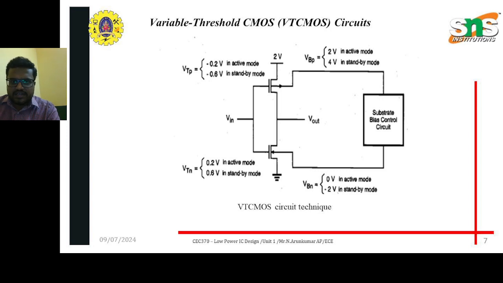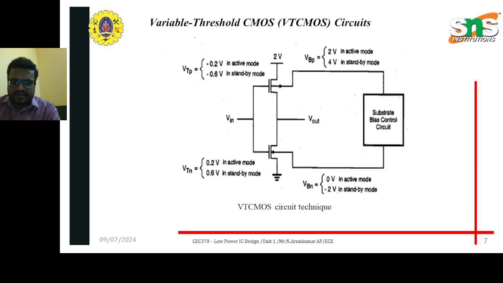Initially the power generation of the VTP voltage is 0.2 for active mode, and standby mode is minus 0.6. Why is it minus? Because it is in off condition, so that it can generate minus or 0. Automatically then the power can be passed to the next level, and the transistor and the corresponding NMOS is in on condition. While in on condition, automatically the power is generated.